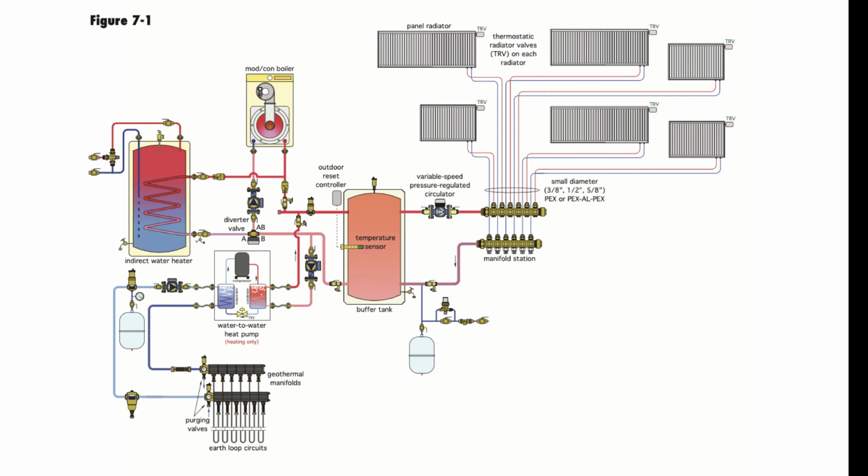This is obviously showing some panel radiators, which are considered a high temperature application. It would be virtually impossible to utilize 115 degree Fahrenheit water temperatures from the ground source heat pump to sustain comfort conditions if your only method of distribution is a steel panel radiator.